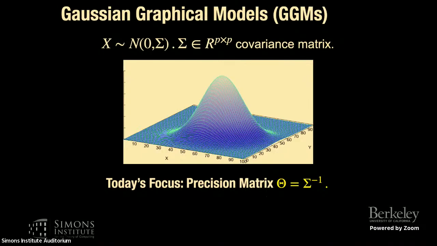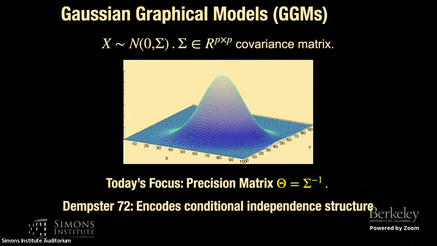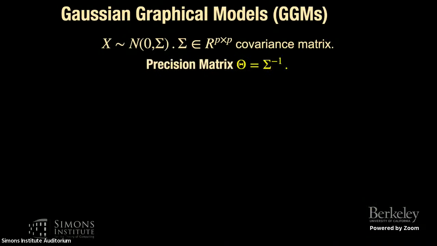And why we're studying the precision matrix goes back to this very nice property of Gaussian distributions, identified by Dempster in '72, that the precision matrix encodes the conditional independence structure of the Gaussian distribution. What do I mean by this? You have the precision matrix, which is sigma inverse. Then the dependency graph of the distribution is exactly the support of the precision matrix.